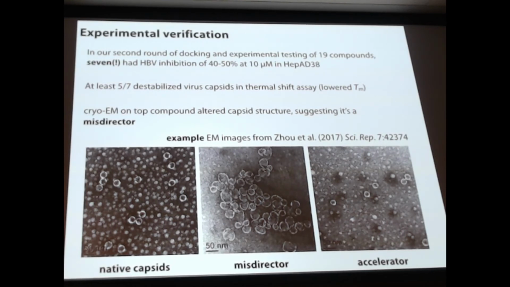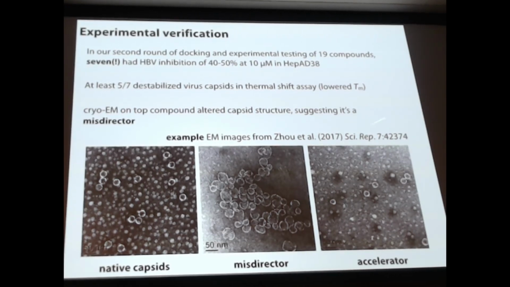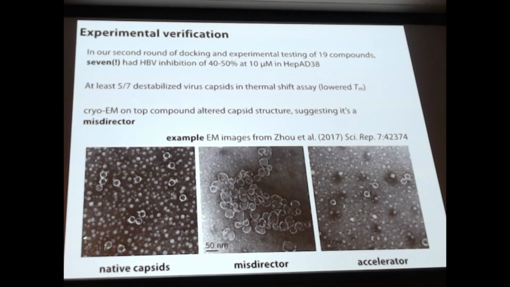That data is not ready for prime time yet, so I'm just showing an example from a very nice paper last year. These are the sorts of things that come out of EM: native capsids. Misdirectors, you get these very large or misshapen ones, and then accelerators, you just get, again, normal capsids, but with no DNA.